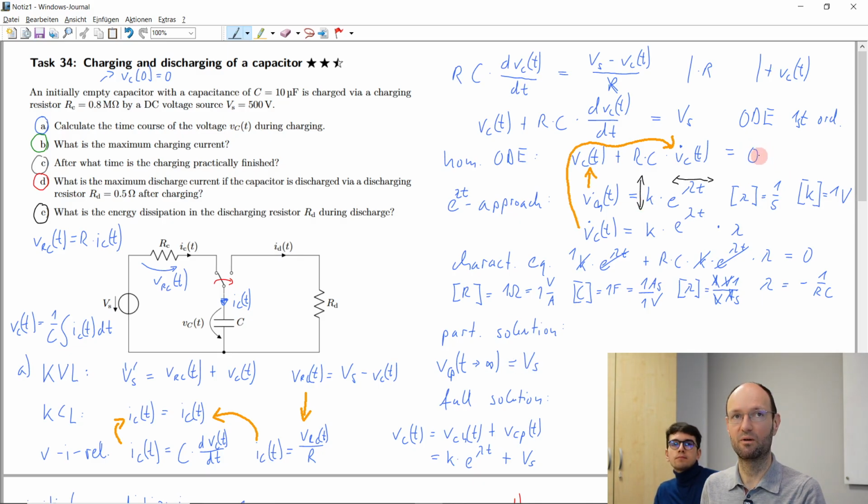the differential equation is homogeneous. So there is no particular solution. This will be 0. So at the end, we just have k times e to the power of minus t divided by tau.